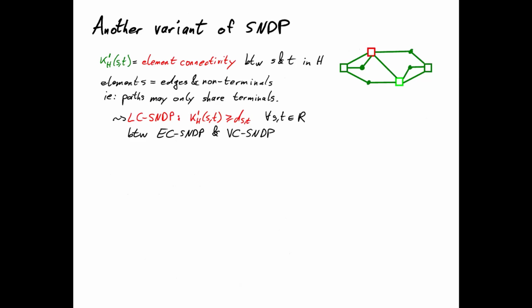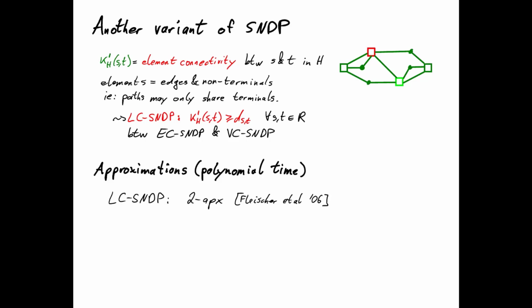We define the element connectivity, which is denoted by kappa prime, as the number of paths between terminals that do not share edges or non-terminals. In other words, they are allowed to share terminals, but nothing else. And this gives us the element connectivity version.